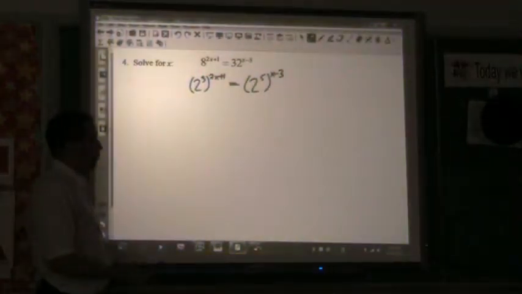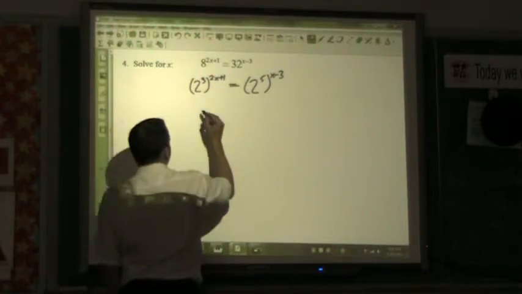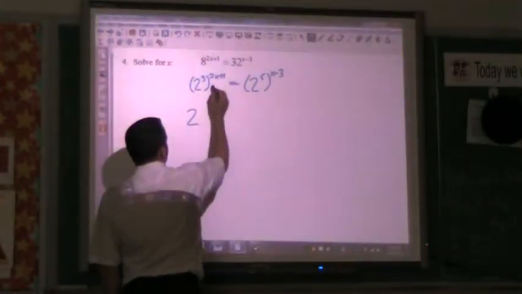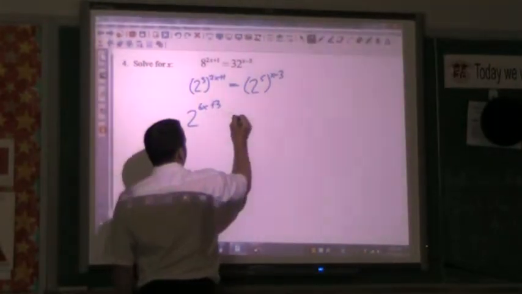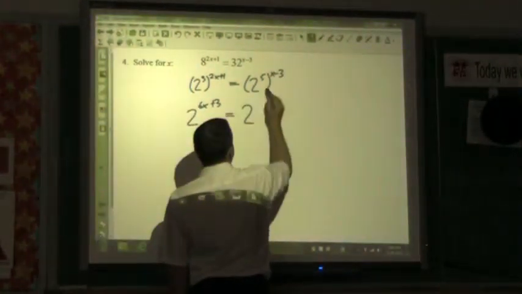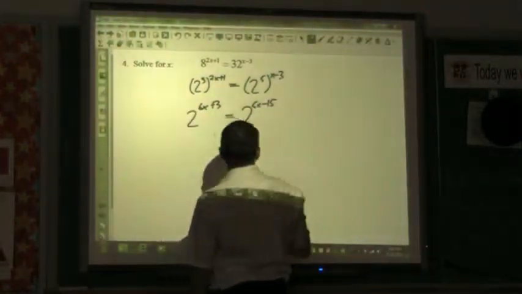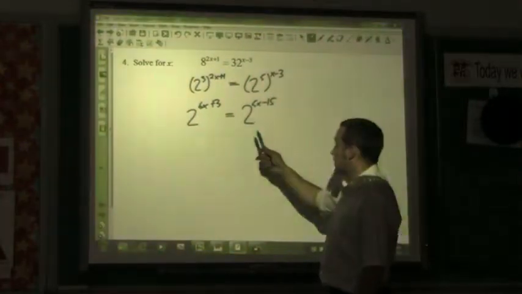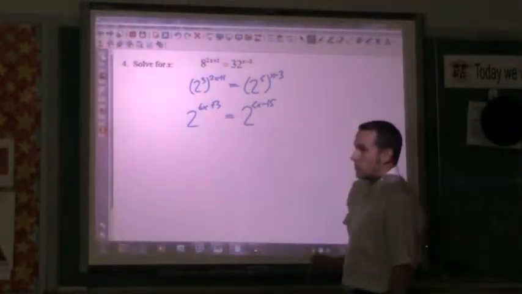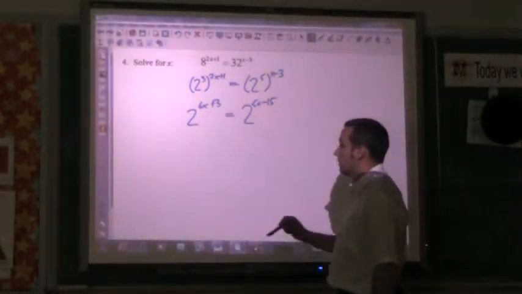Now I've got the power of a power rule on both sides, which says I have to multiply these together and then these together. So I end up with 2 to the exponent of 6x plus 3, and then 2 to the exponent of 5x minus 15. Now that the bases are the same, I can set the exponents equal to one another, because the only way these will be equal is if my exponents are the same.